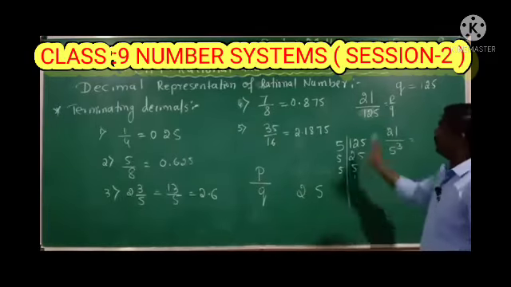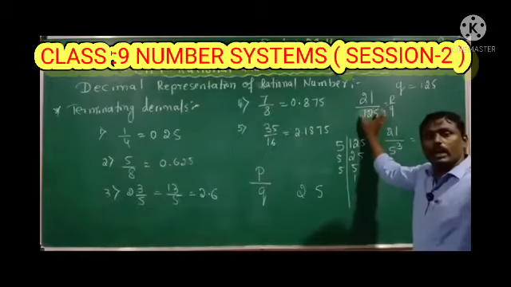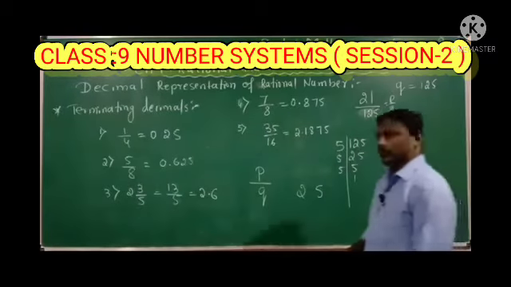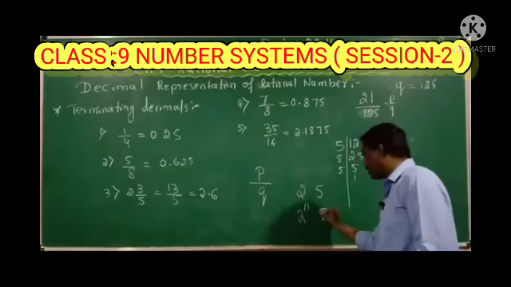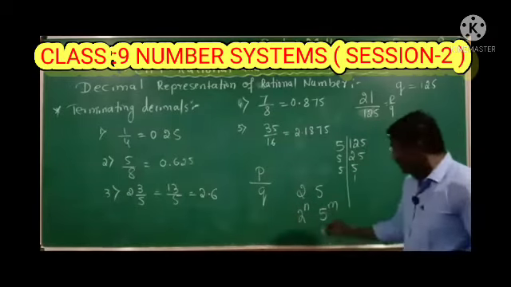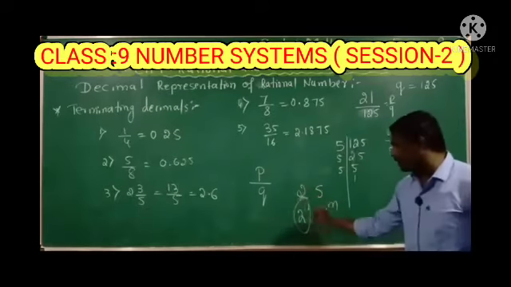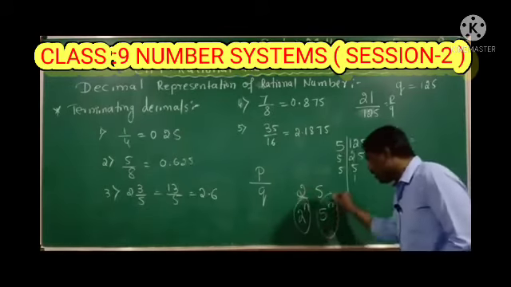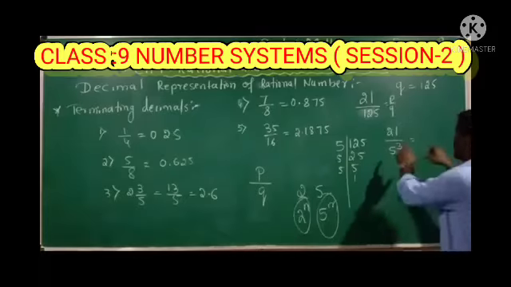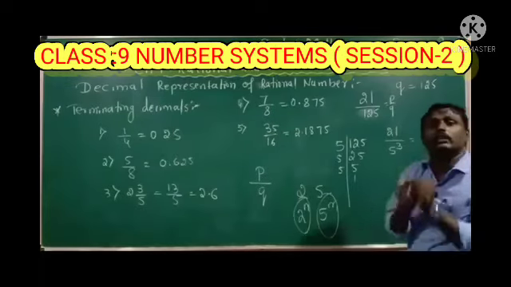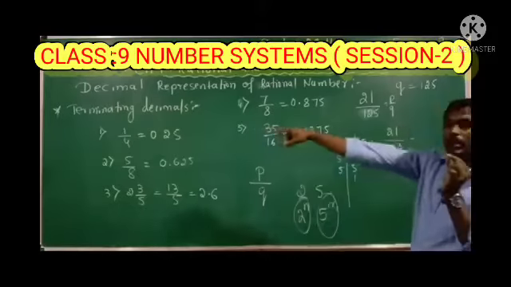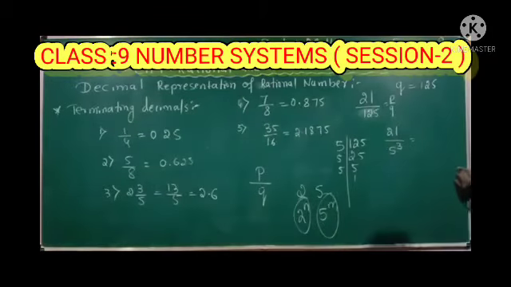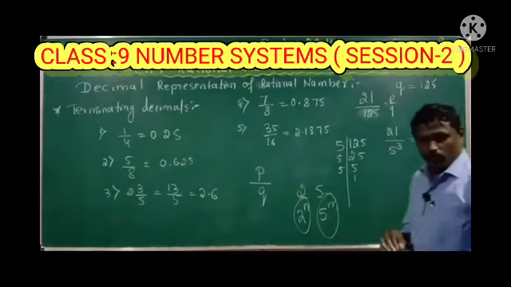If the denominator of the rational number is in the form of 2 raised to n or 5 raised to m, either 2 raised to n or 5 raised to m, these kinds of rational numbers are completely terminating decimals. I will take one more example.